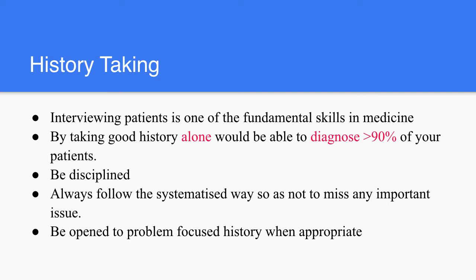We have to use what's known as problem-focused history in patients in the accident and emergency department, because we cannot go for detailed history that takes like 20 minutes in the emergency room. It would be just a problem-focused history. And I'm going to show you in the succeeding videos how to do it.